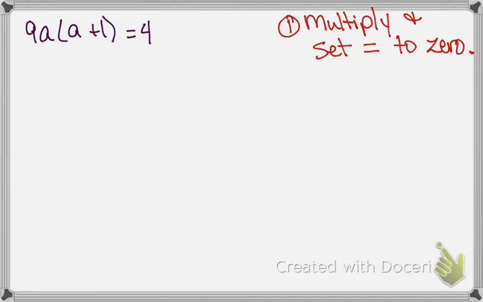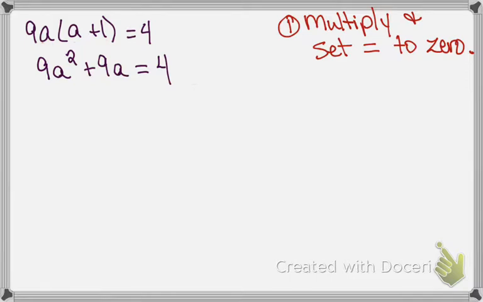Okay, 9a times a is 9a squared. 9a times 1 is 9a. Okay, does that look a little bit more manageable? It does. Okay, what am I going to do with that 4 now? Absolutely. I'm going to subtract it.